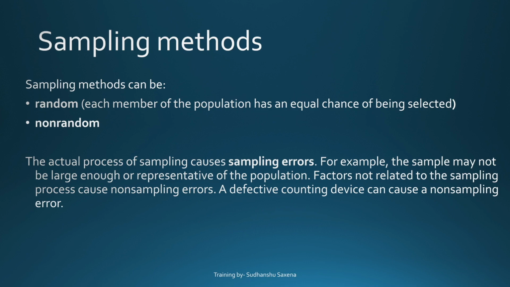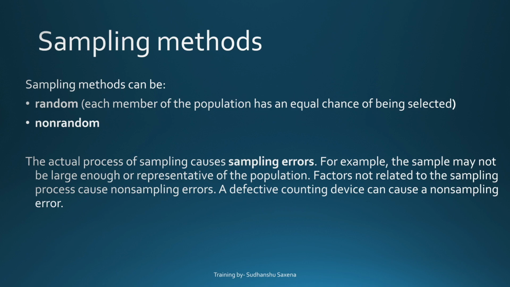Imagine the device I am using to measure the speed is faulty, and somewhere around 50 to 60 it miscalculates the number. Even if my device is faulty, I'll get a non-sampling error. A defective counting device can also cause a non-sampling error, which is one example.